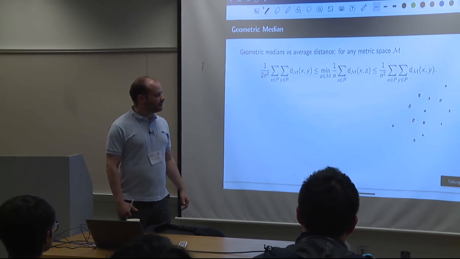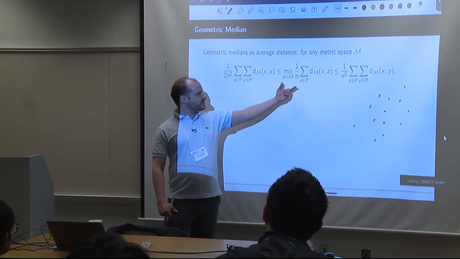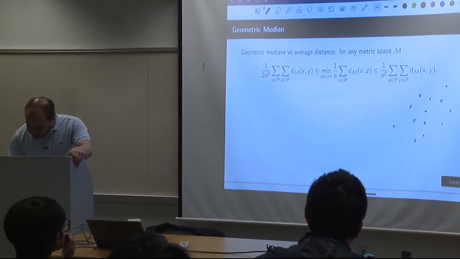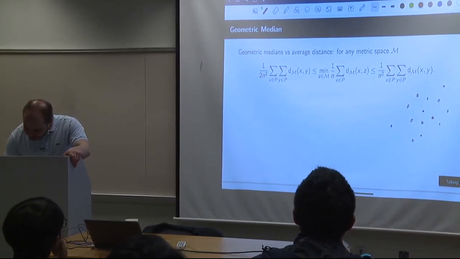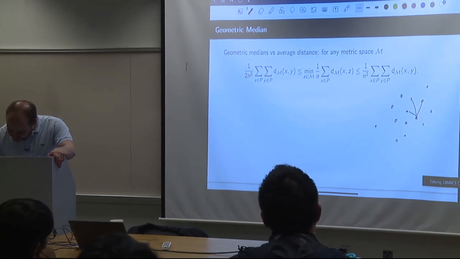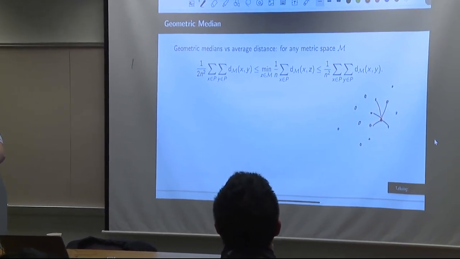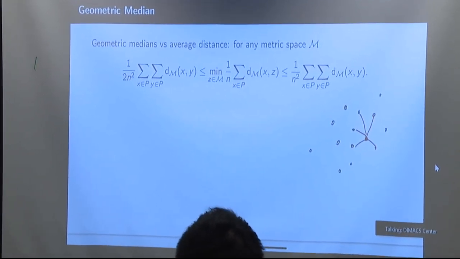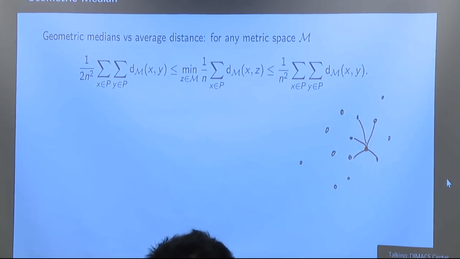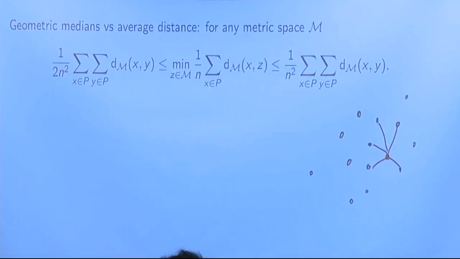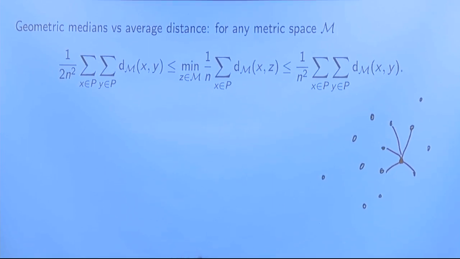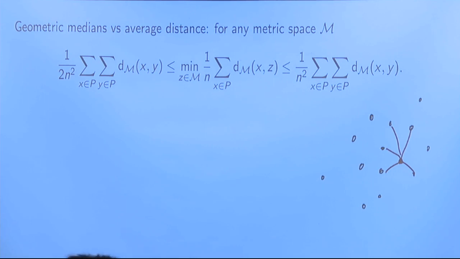I'm claiming that if I fix any point z, and I look at the average distance of z to every point in P, first I'm claiming that this is never much less than the average pairwise distance between two random points in P.